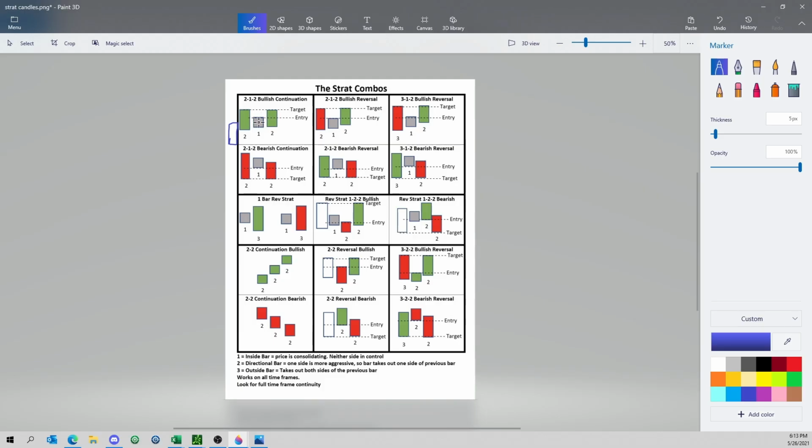Consolidating, equilibrium between buyers and sellers. Nobody's in control at this point, but we know eventually something is going to break out of this 1 candle. You can even have multiple 1 candles in a row, but eventually it is going to break out. And those are great levels to buy in.